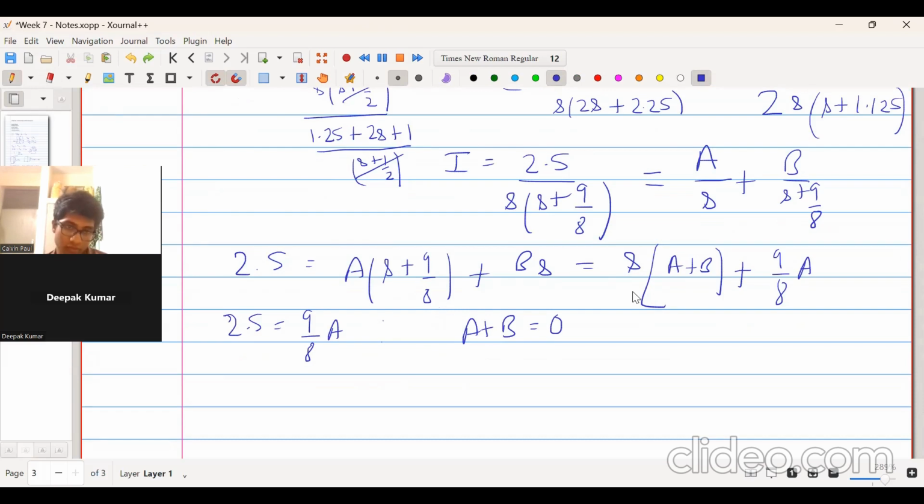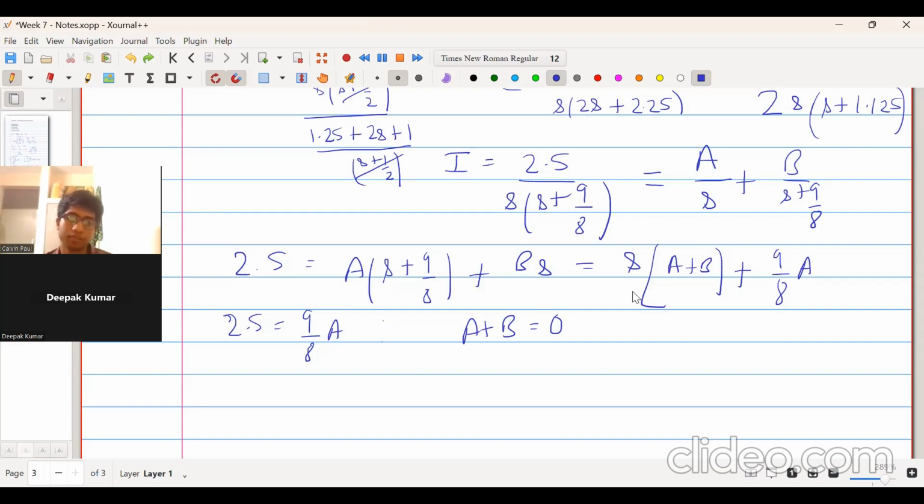But we can directly put the value of S equal to minus 9 by 8, then they cancel each other. Then we can find the value of B. Without taking the common S, we can directly find the values of A and B. Put the value of S as minus 9 by 8.